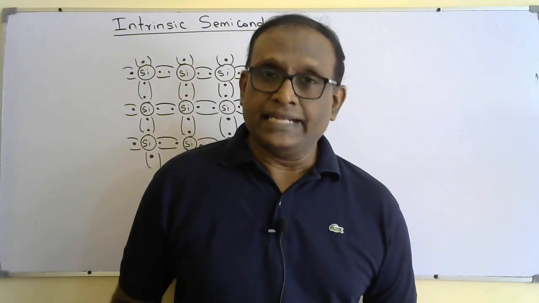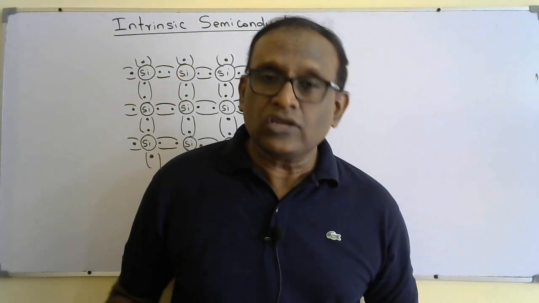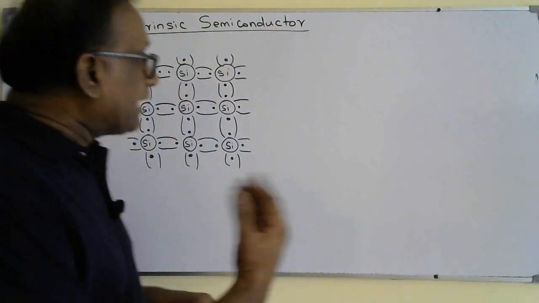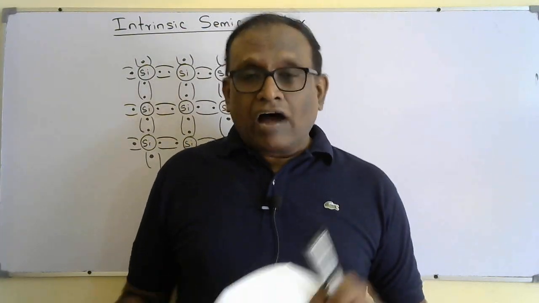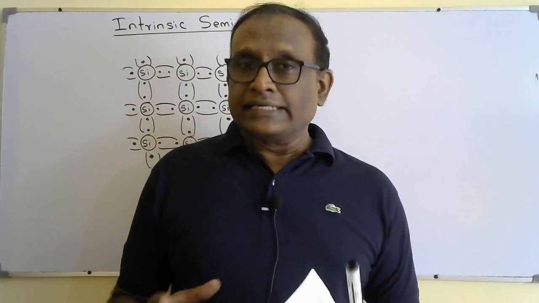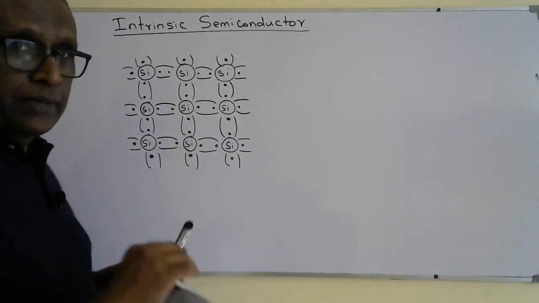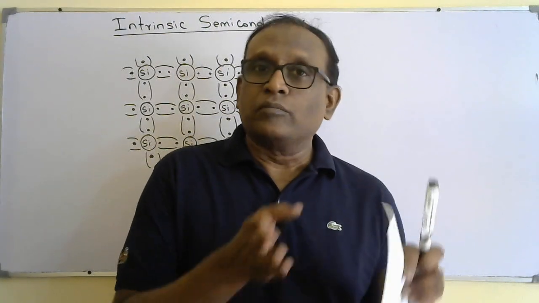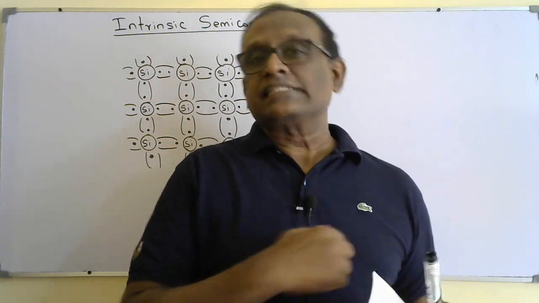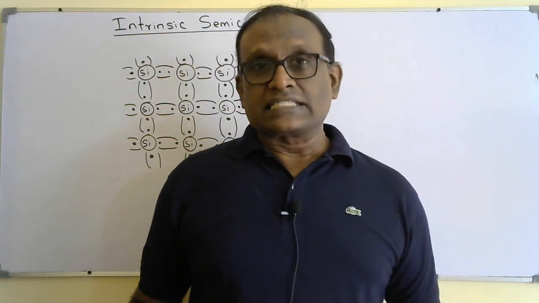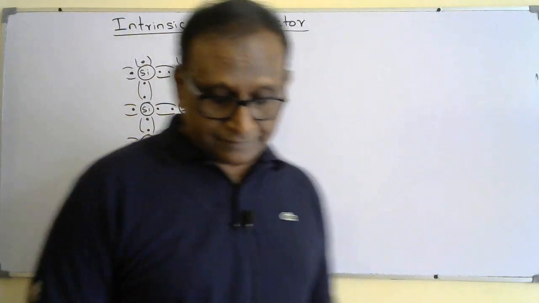So doping means adding impurities from either group 3 or group 5 to the lattice of the intrinsic semiconductor. After doping, certain silicon atoms will be replaced by these elements from group 3 or group 5. So that is called an extrinsic semiconductor. That's the next topic we are going to do: how it works and what the advantages of doping are.